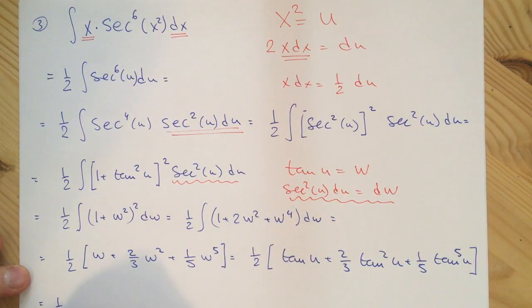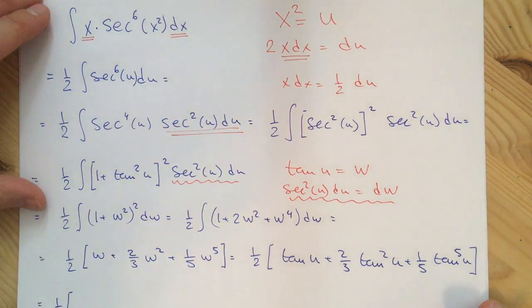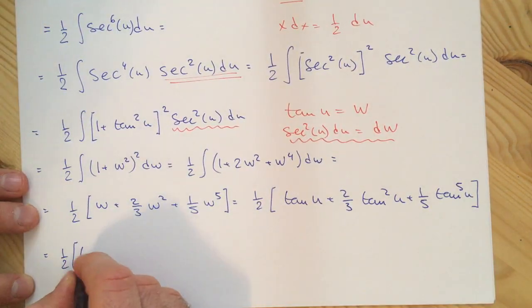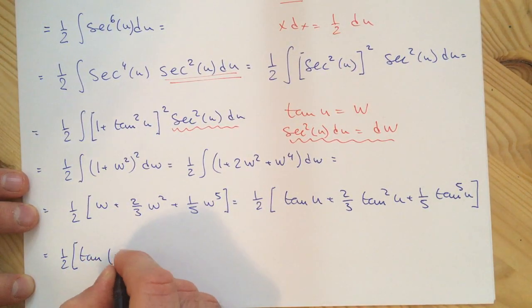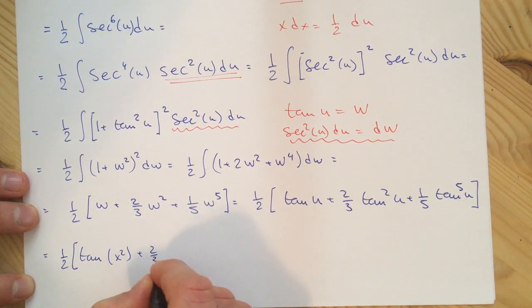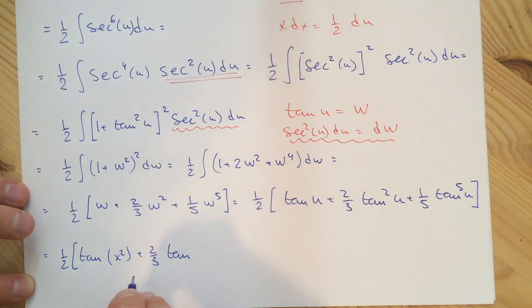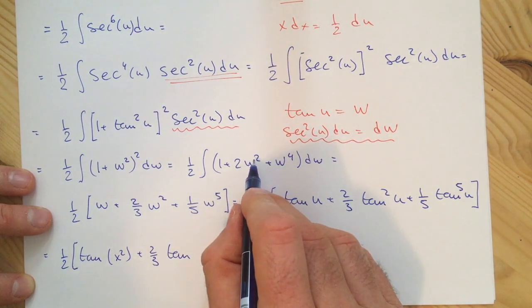So this is going to be 1/2 tangent of x squared plus 2 over 3 tangent, here I also made a mistake, sorry.